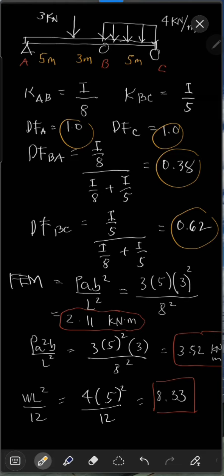Okay na. So nakuha na nato ang step 1 to step 3. So step 4, let's balance the joints.